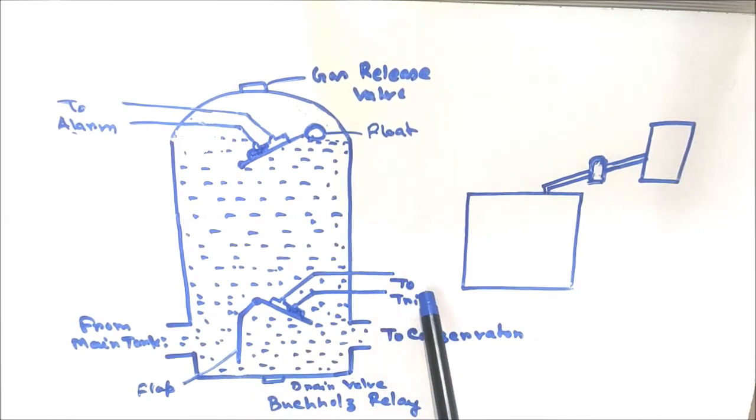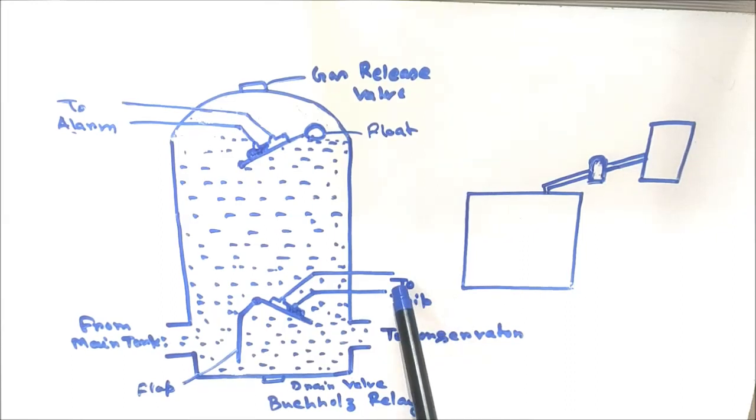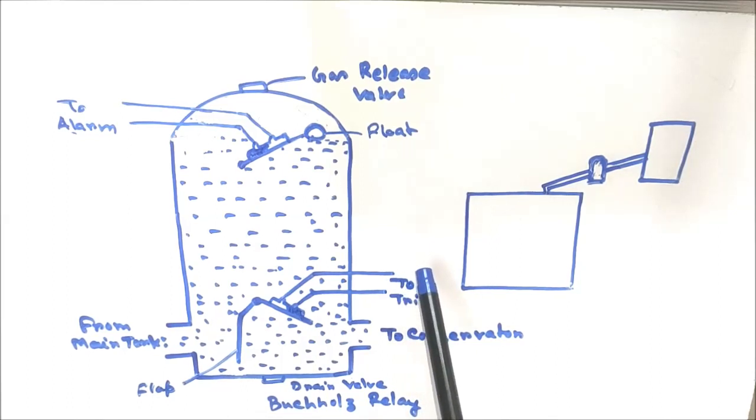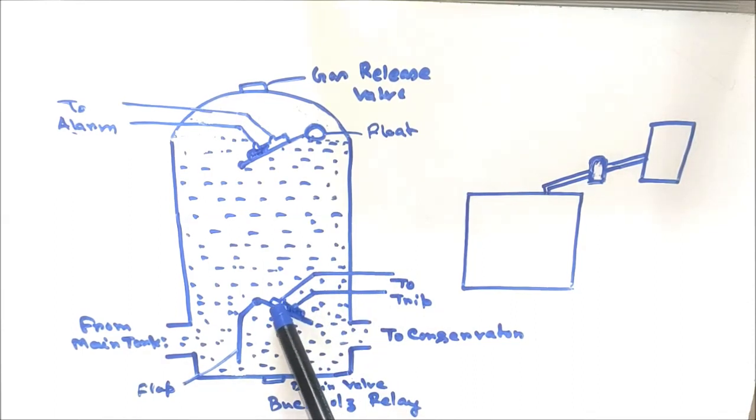One of the cables is connected to the auxiliary relay in the control and relay panel, and to the other cable DC positive is connected. If this Mercury switch makes, then this DC will come through this electrode, and since the Mercury switch has made, the two electrodes come to this cable, and the relay connected with this auxiliary relay will actuate, and therefore a trip signal will be generated and it will trip the circuit breaker.